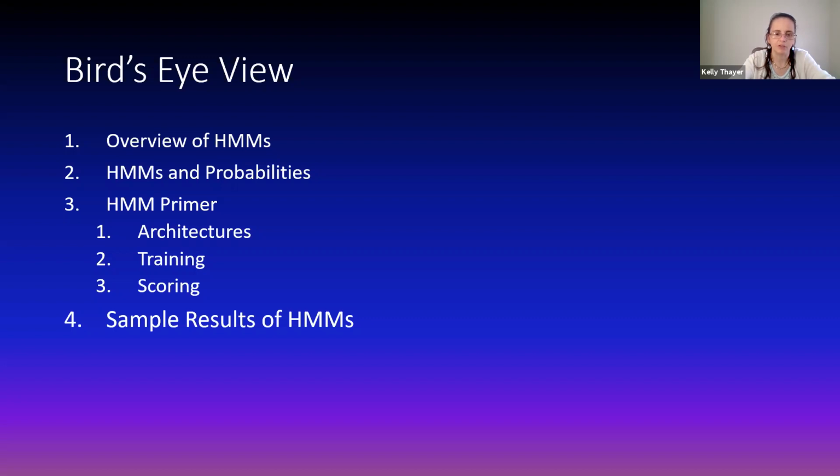That is the architectures of hidden Markov models, how you can use them to train, and how you can use them to score. Finally, we'll take a look at some sample results from some of my previous work, just so that we can see how hidden Markov models might be applied to actually interpret data. Hopefully you find this interesting and helpful for understanding how hidden Markov models work.